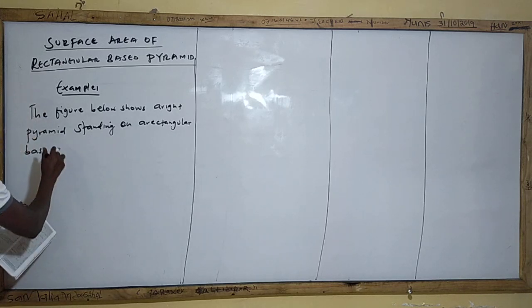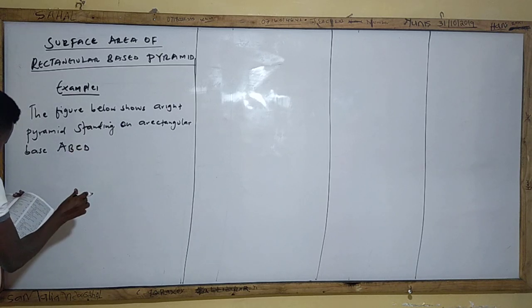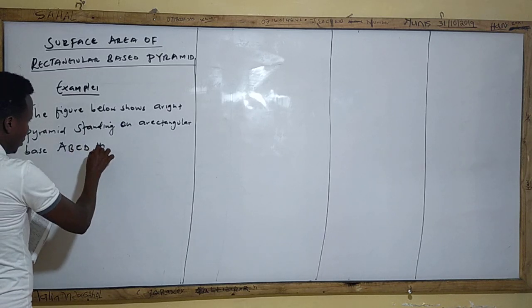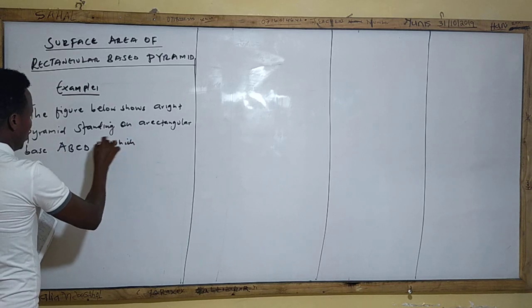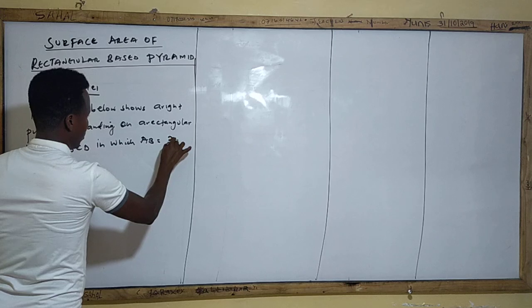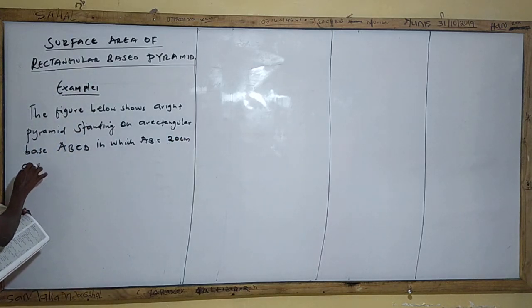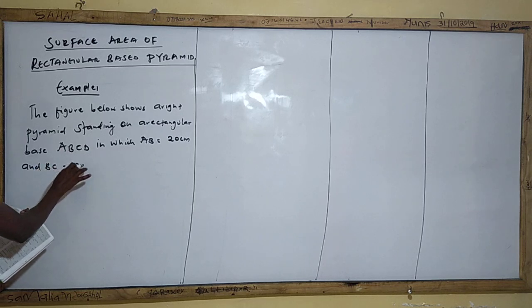A rectangular base ABCD, in which AB is equal to 20 centimeter and BC is equal to 12 centimeter.